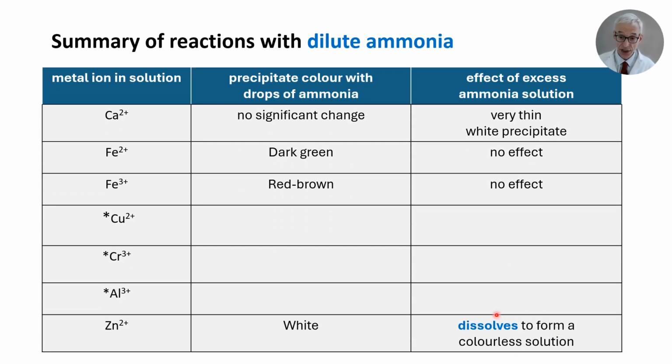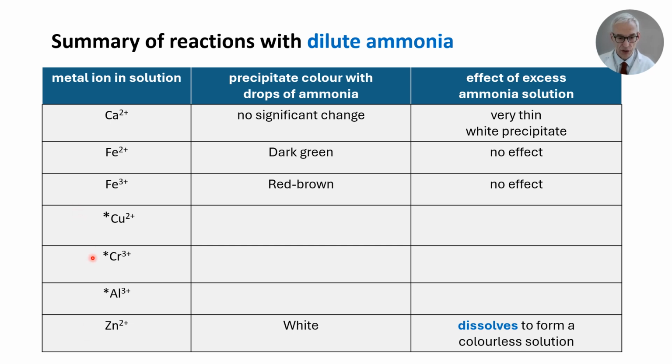So on this slide, I'm highlighting those metal ions that behave differently with ammonia to their behavior with sodium hydroxide solution. So calcium 2+, Fe2+, Fe3+, zinc. Best to say that the observations and behaviors to ammonia and dilute sodium hydroxide are the same.